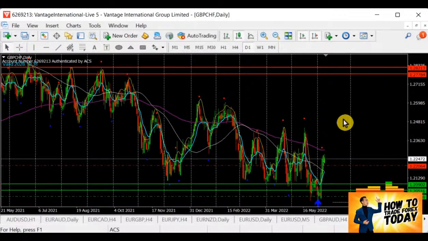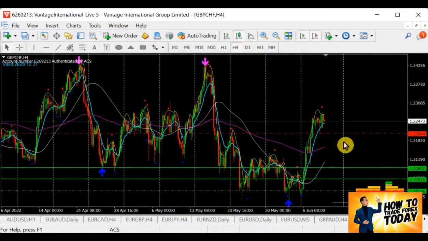This is not good enough, and I would not go for selling GBP/CHF yet. This is not the right time, because the previous resistance is now acting as a buying zone. Once it touches the resistance, it may become a support, and then it becomes a buying signal.